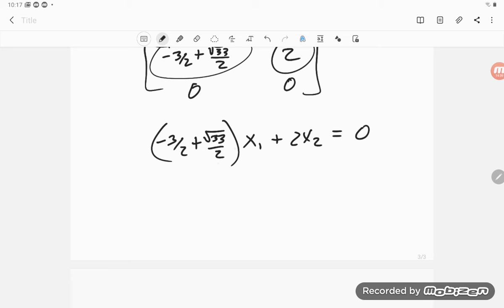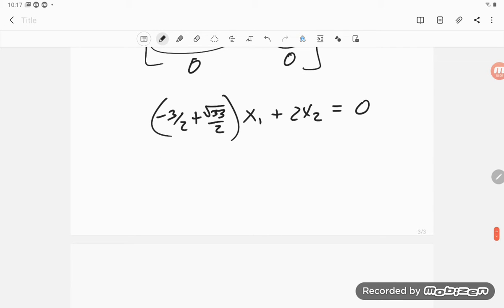So what I could do, as I look at this, actually an easy answer for my vector is I could let x1, x2 be equal to, all I have to do is swap the two coefficients and make one of them the negative.